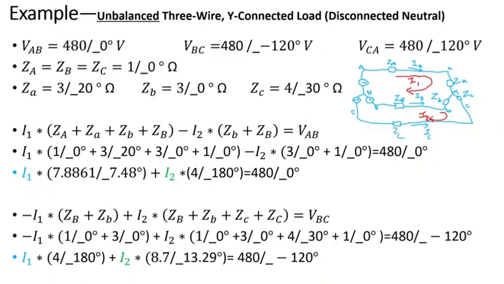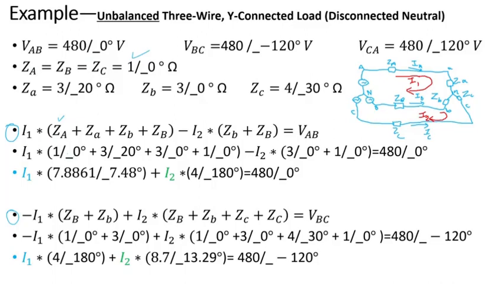So here's equation 1, here's equation 2. Then I just plug in the numbers. ZA, uppercase A, is just 1 with an angle of 0.